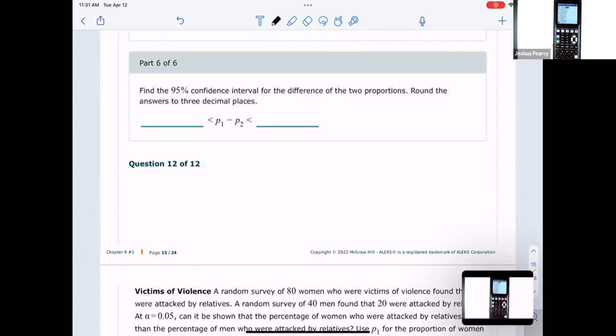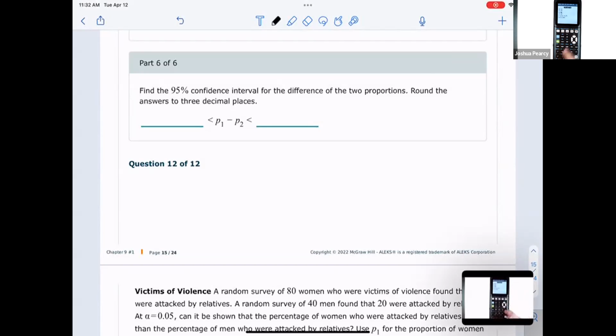Right here. Option B. Tell it x1. So in that case, it was the number of males who have less leisure time now than they did 10 years ago, divided by the total number of men in the sample, 49. So you tell it x1 and then n1 and then x2 is the next one.